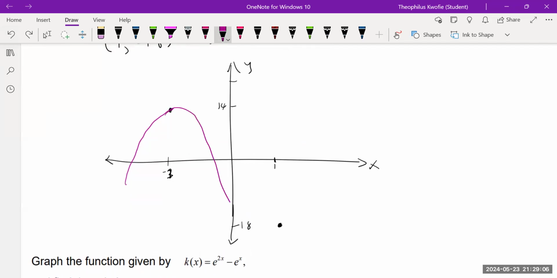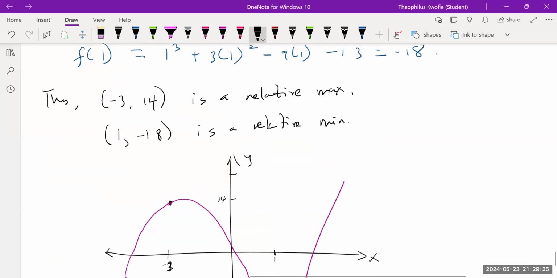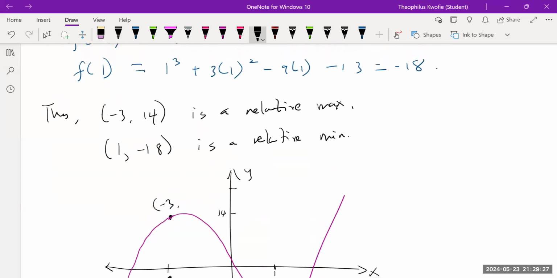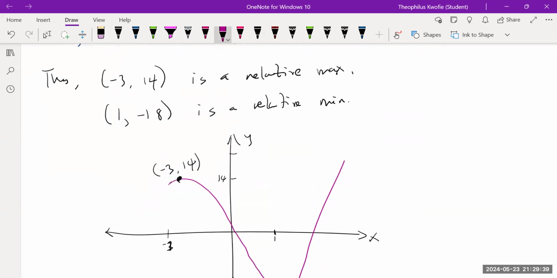So this is how we have it here. Good. So our -3, 14 was here, which is our maximum point, which is our relative maximum point.